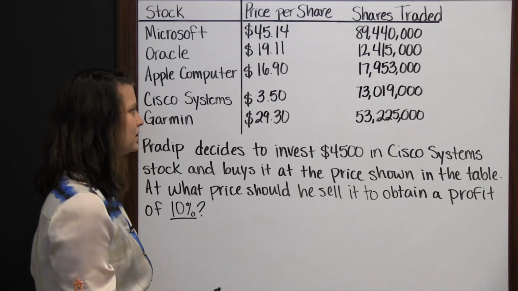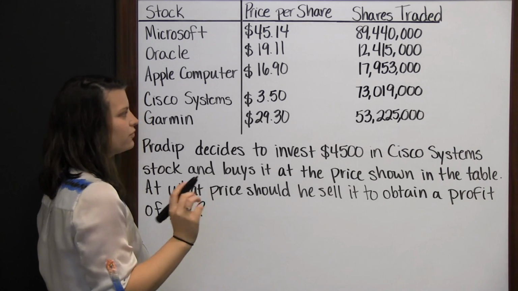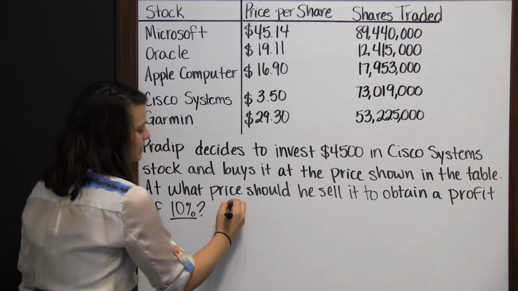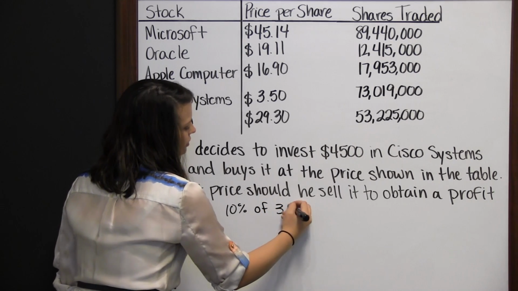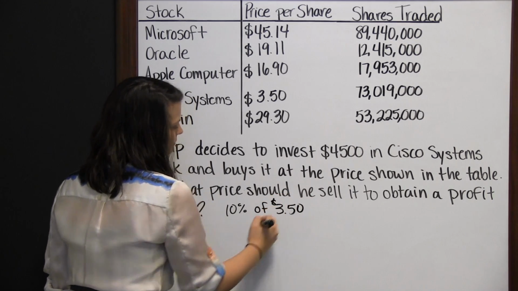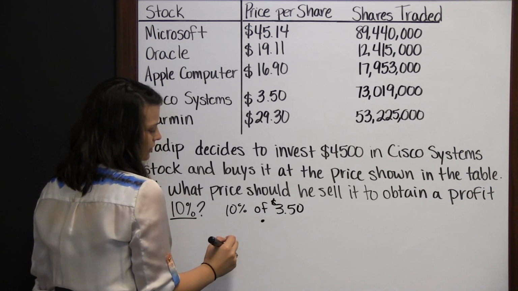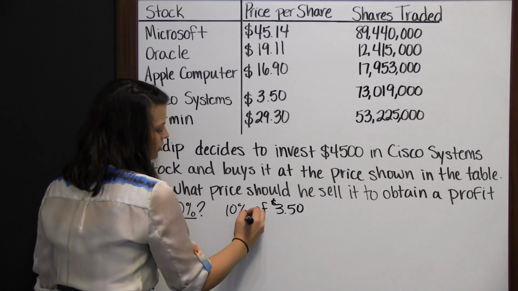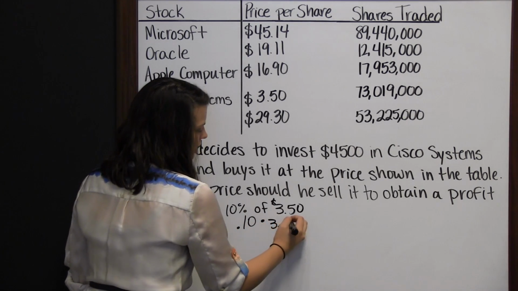And there are several ways to solve this problem. I'll show you one. So first I want to know, what is 10% of $3.50? Well, of means to multiply. So I'm multiplying times 1/10 or times 10/100ths.